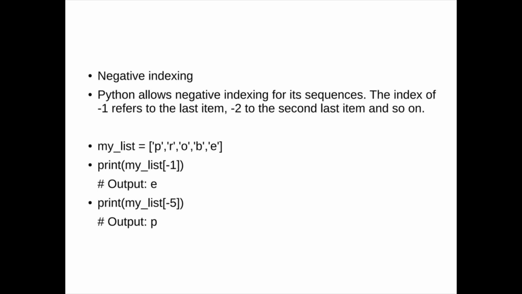Here print of my list of -1 gives E, and print of my list of -5 gives P. So -1 is E, -2 is B, -3 is O, -4 is R, and finally -5 is P. So the negative index is represented from right to left.